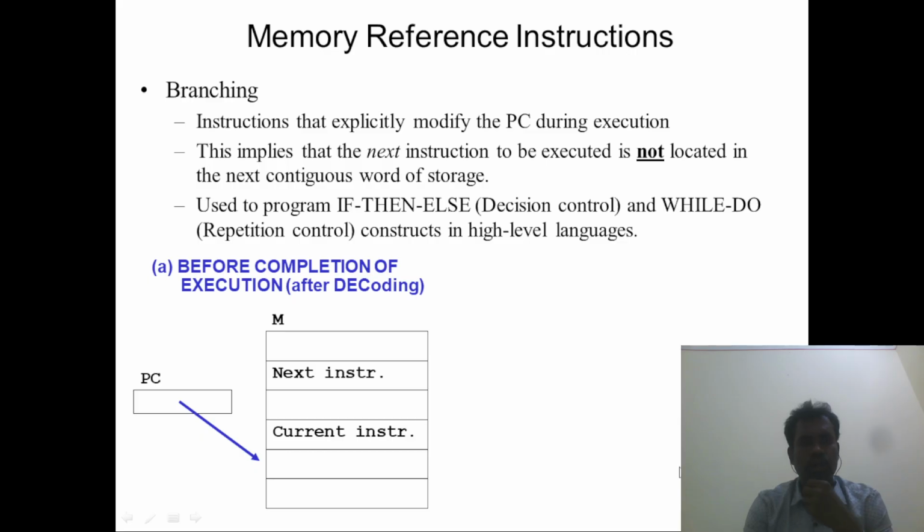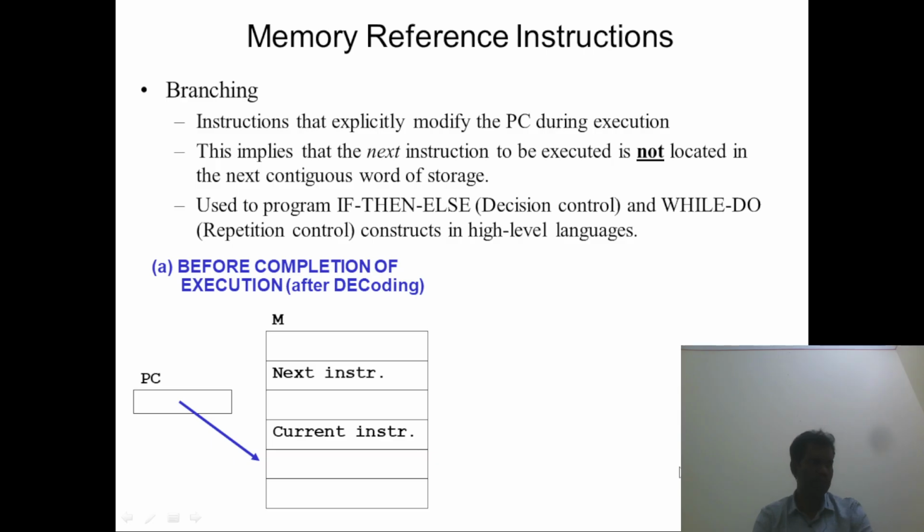So now, branching is an instruction that explicitly modifies the PC during execution. In the simplest case, the next instruction to be executed is not located in the next continuous location of storage, like in while-do operations. If the condition is satisfied, then it will go to the next instruction.